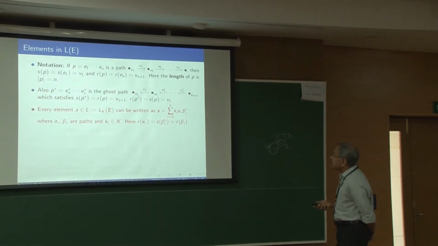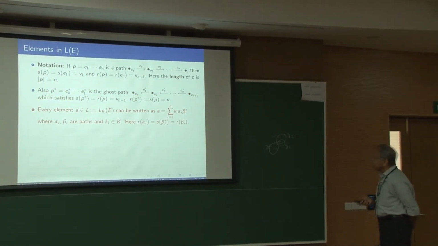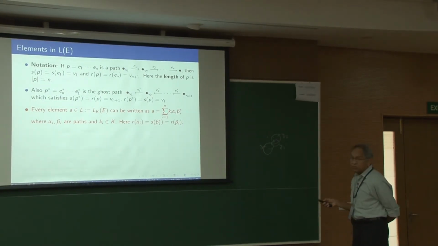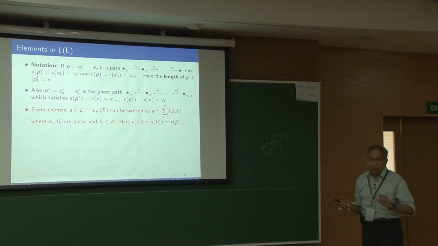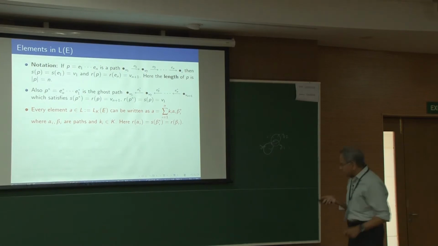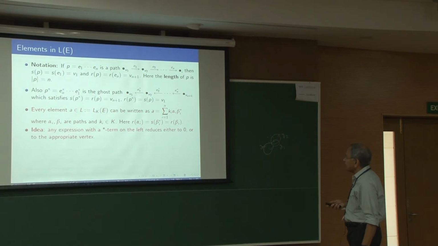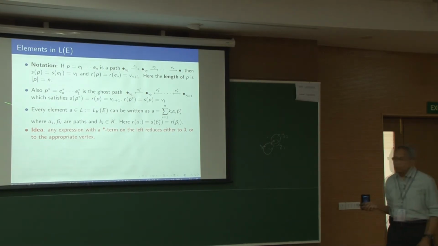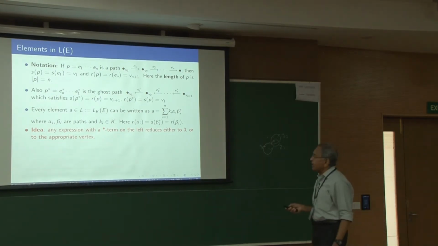And every element of a Leavitt path algebra can be conveniently written, which comes in handy in computation, in this form always: a scalar multiple of a real path followed by a ghost path. You can arrange it because if there is a term involving a star term on the left side, you could use the CK1 condition to reduce it to either 0 or the appropriate vertex.